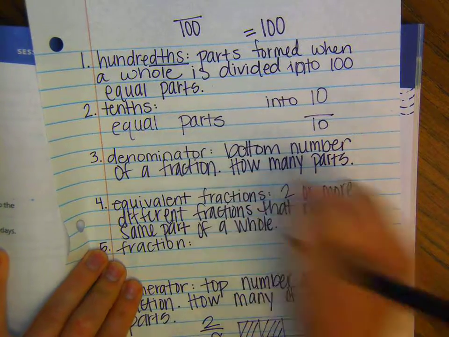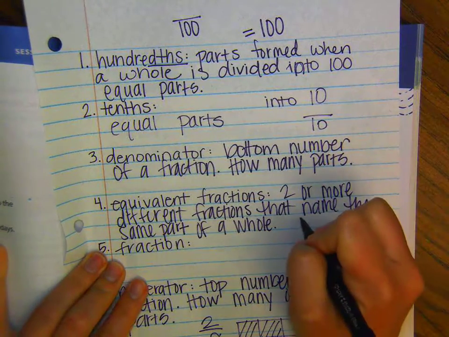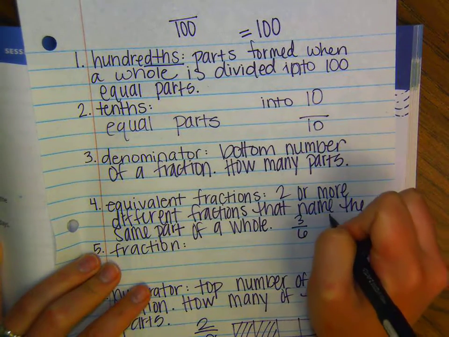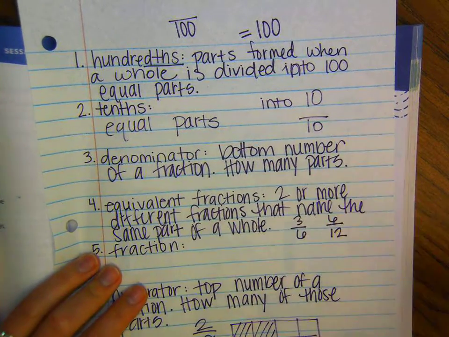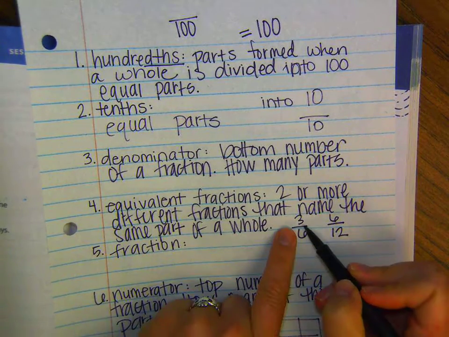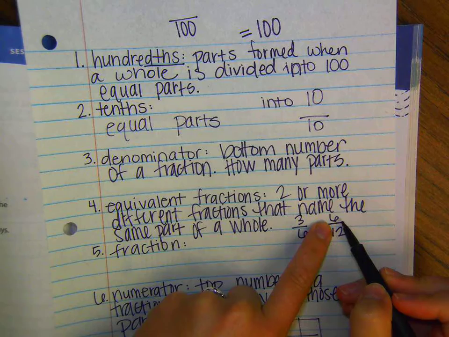So, 2 different fractions. I have 3/6 and I have 6/12. Different fractions, but they're equivalent because half of 6 is 3 and half of 12 is 6.